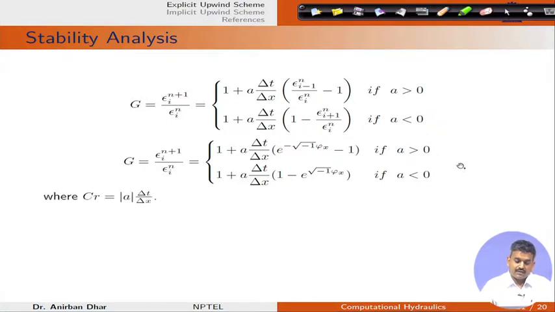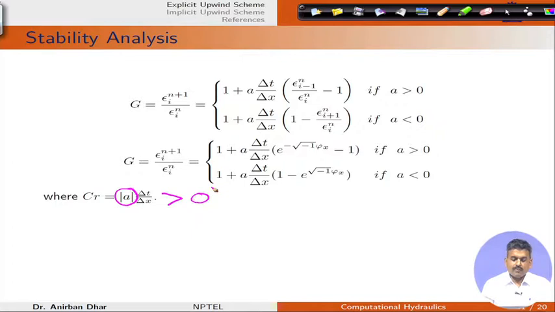Now, in this case we can define a number which is CR, and CR is defined like this: modulus of A into delta t divided by delta x. So, always CR is positive.